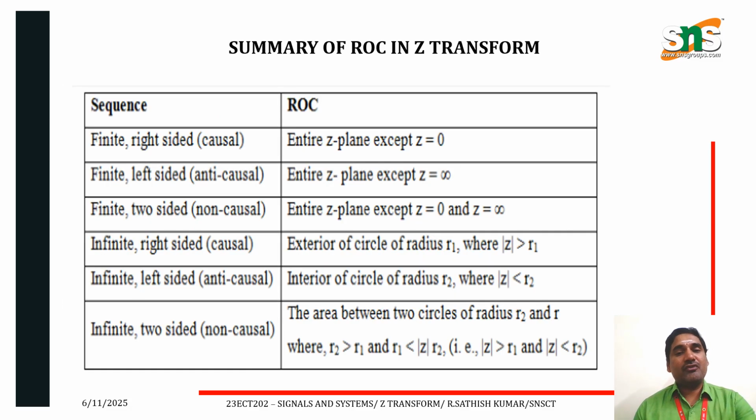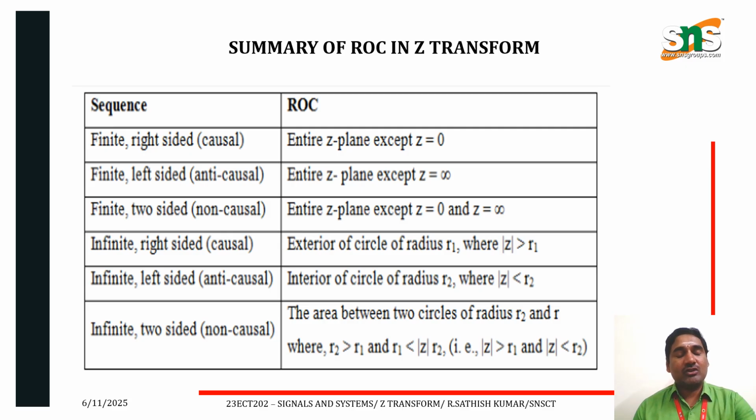Next one, summary of ROC in the Z transform. For a finite right-sided sequence, the ROC is the entire z plane except z equals 0. For a finite left-sided anticausal sequence, the entire z plane except z equals infinity. For a finite two-sided non-causal sequence, the entire z plane except z equals 0 and z equals infinity. For an infinite right-sided causal sequence, the exterior of a circle of radius r1, when modulus of z is greater than r1.